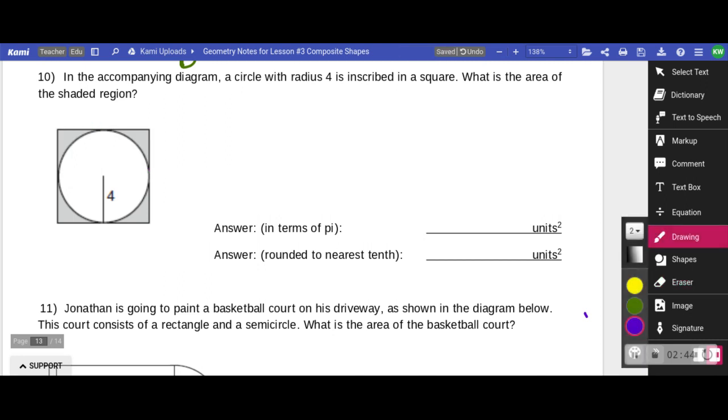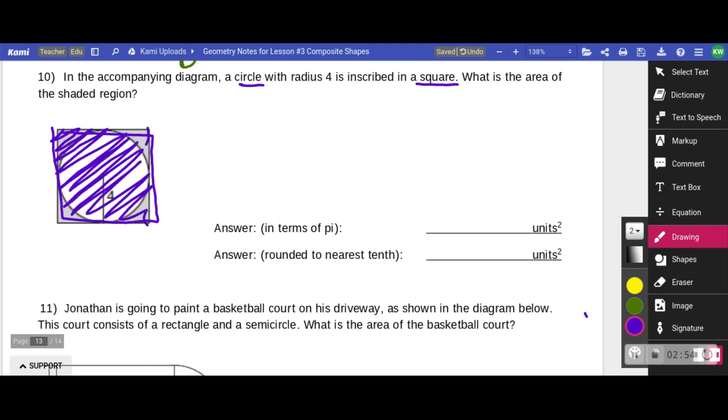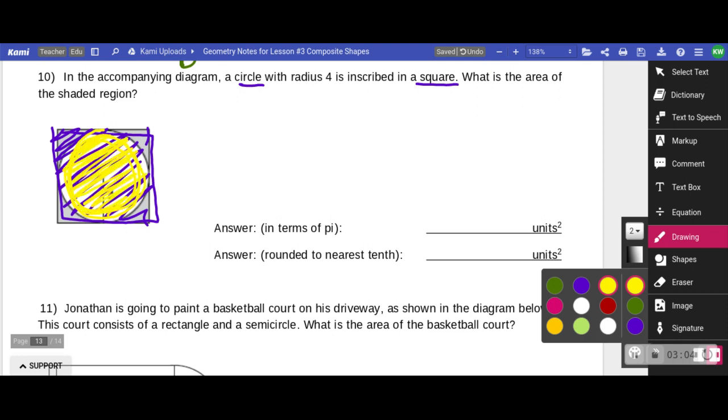So 2 of the shapes that I do know is a circle and a square. The whole shape is a square, right? So the whole shape is a square, but I don't want the area of the whole shape. I just want the area of the shaded region, which means I'm going to have to cut out the area of the circle. So how I'm going to do that is I'm going to find the area of the entire square, and I'm going to find the area of the circle, and I'm going to subtract.